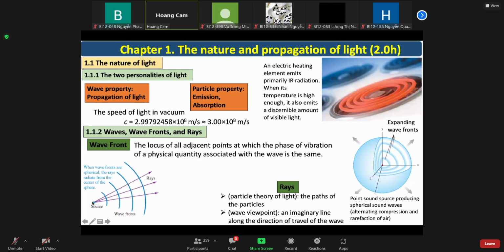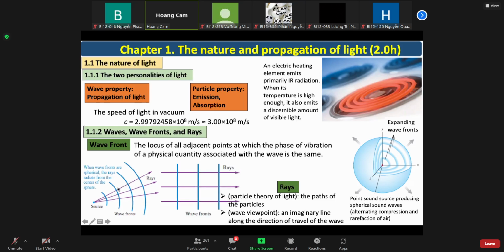Here you have this source, and it produces the wave, and the wave expands in this direction. So rays are here, and they show the direction the wave travels. The blue curve shows the wavefronts, and the violet lines show the rays.